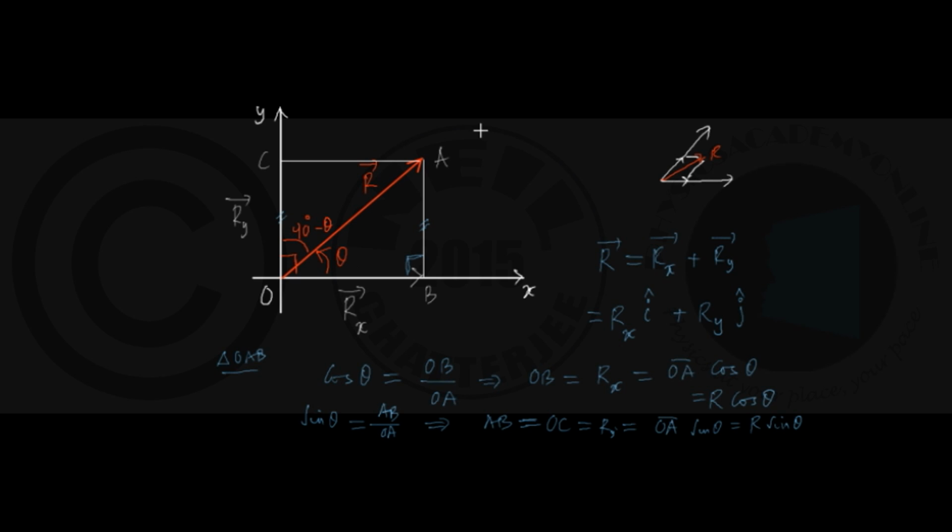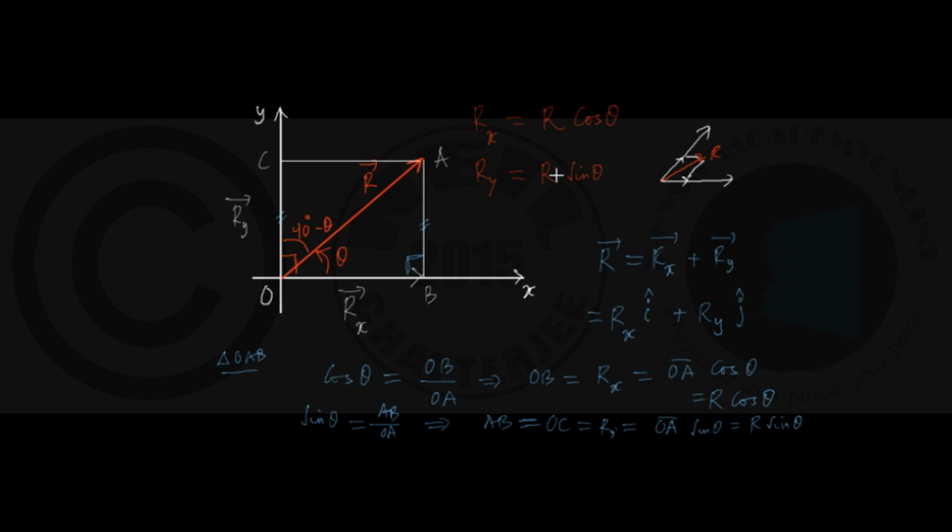We have got shortage of space here, but I shall write it. We have got Rx, the x component of the vector r after resolution is given by magnitude of r into cos of the angle made between the x-axis and the r vector, and similarly ry was found to be magnitude of r into sine theta.